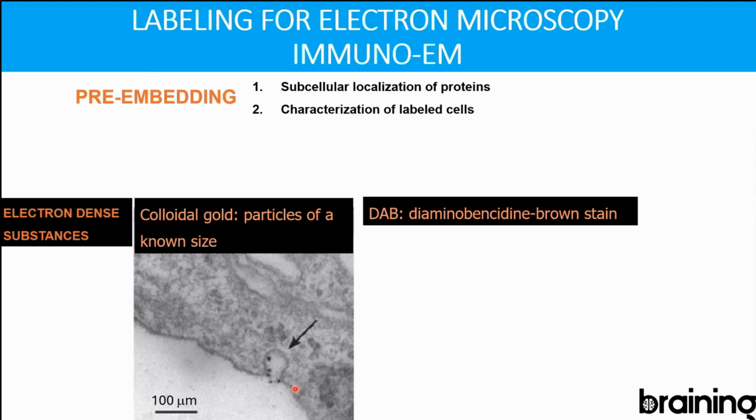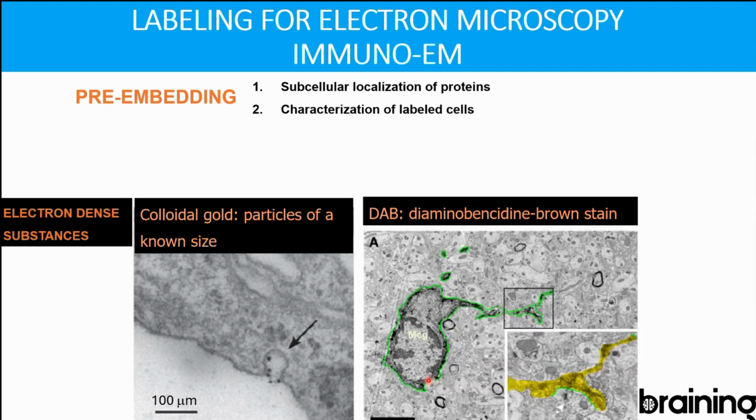You can choose different sizes, okay? Or you can use the diaminobenzidine, which is a brown stain, which is going to stain the entire cell. So it's going to precipitate onto the cell. And so both of them have, of course, pros and cons.